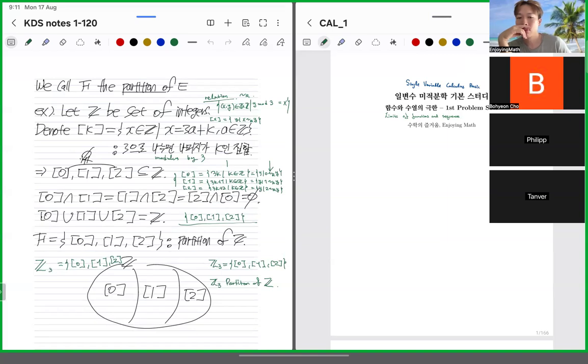So does it really matter if we talk about them explicitly? Because the class of zero equals the class of three, so you just have to write something all the way to zero, three. So like Philip's question is, we can call that, in this case, 0, 3, 6, 9.